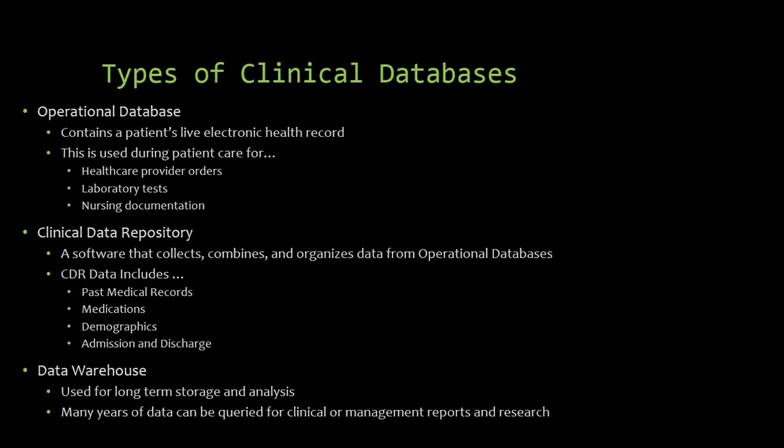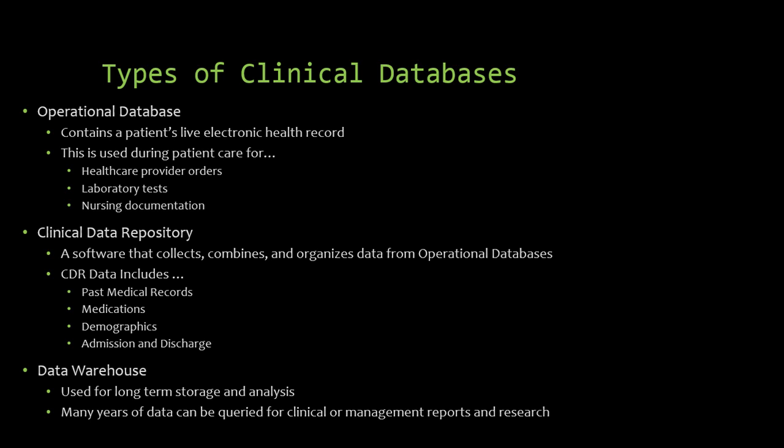There are many different types of clinical databases. The first one is an operational database, which contains a patient's live electronic health record. This is used during patient care for many things like healthcare provider orders, laboratory tests, and nursing documentation. Another one is a clinical data repository, which is software that collects, combines, and organizes data from operational databases.